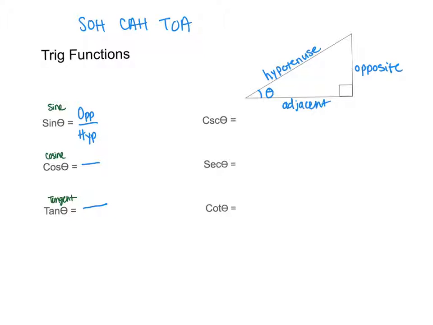I'm just going to abbreviate to keep things short, HYP. There we go. What I'm saying is that to figure out what sine is, using this angle, you choose the opposite first and divide that by the hypotenuse. Cosine is taking the adjacent, notice the C, A, H: adjacent over hypotenuse. And last but not least, TOA, opposite over adjacent.